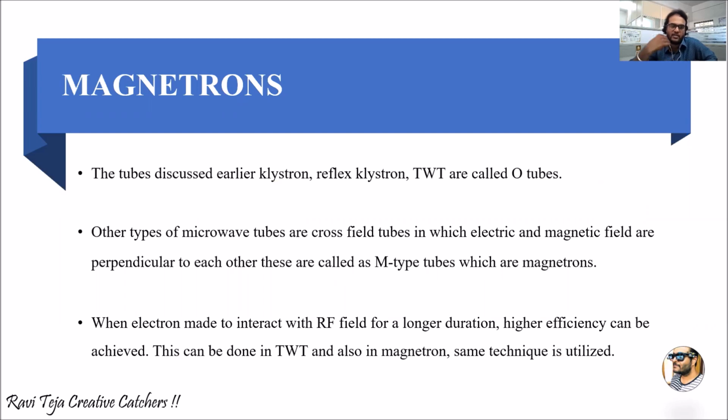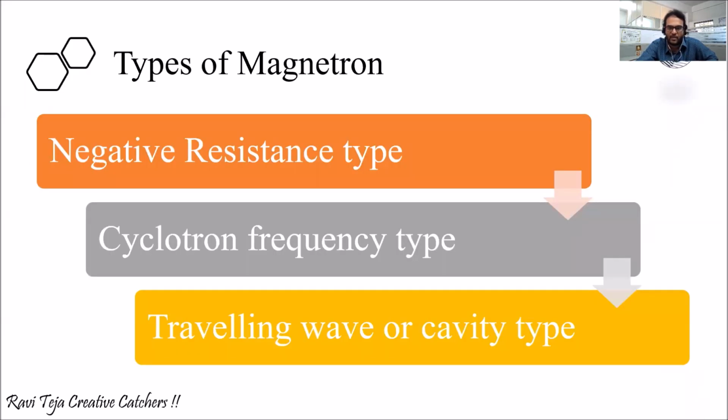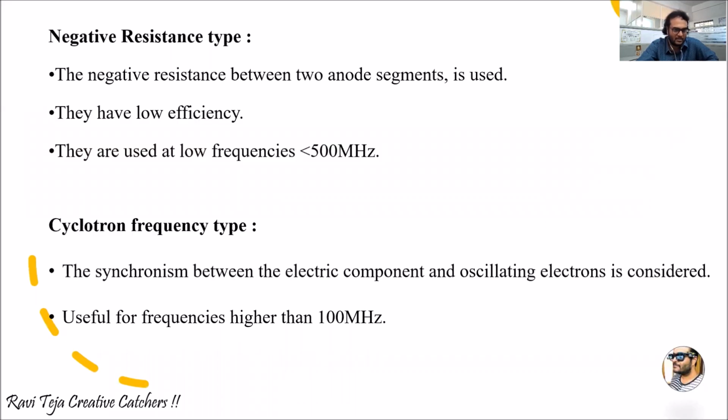Whenever the electrons interact with the RF field for a longer duration, higher efficiency can be achieved. So this is the basic concept of the magnetron and the types of magnetrons we have seen. In the coming session, we will see how the magnetron works and what interactions take place there.